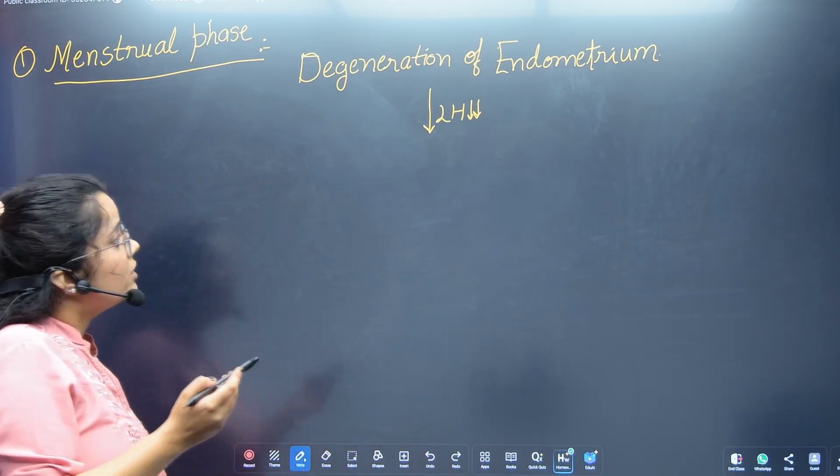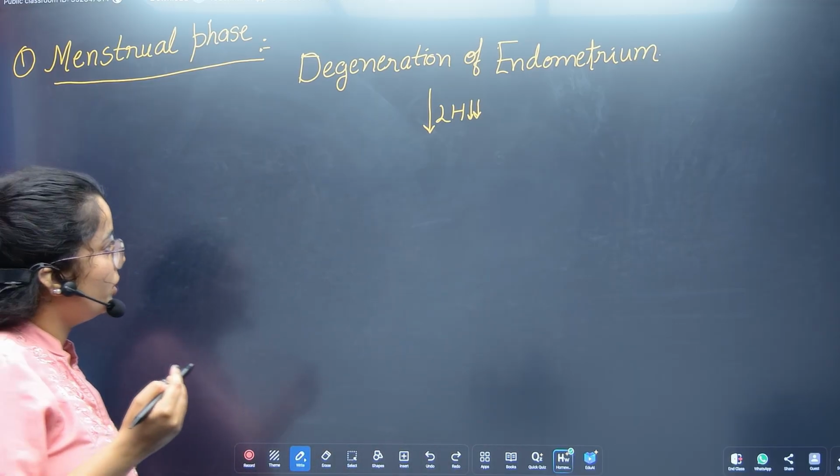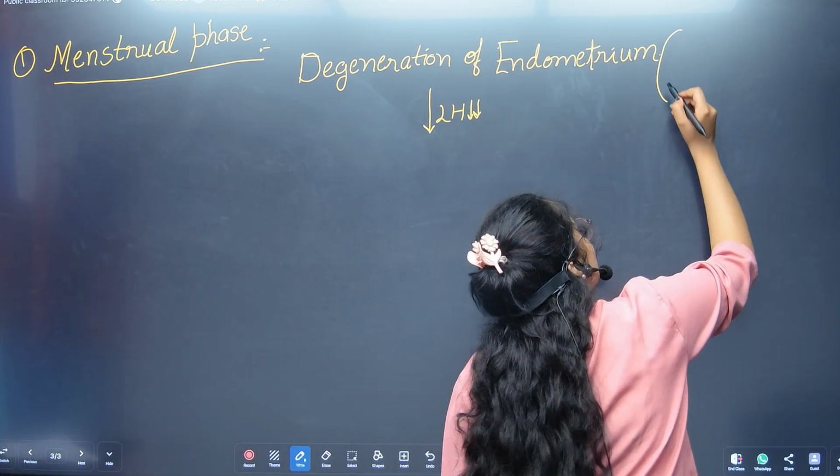We can see that there is degeneration of the endometrium because of the degeneration of the corpus luteum.